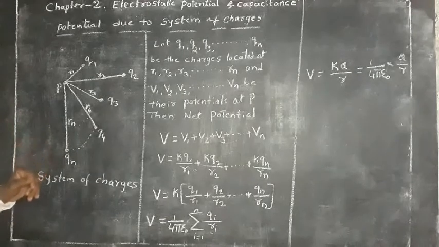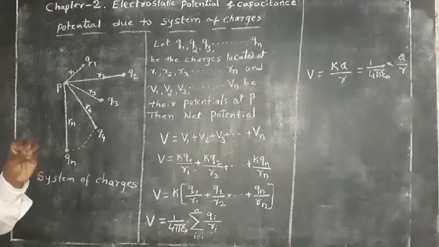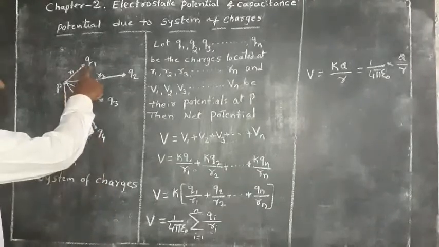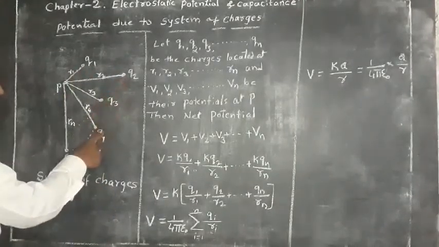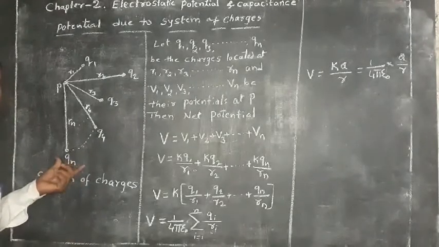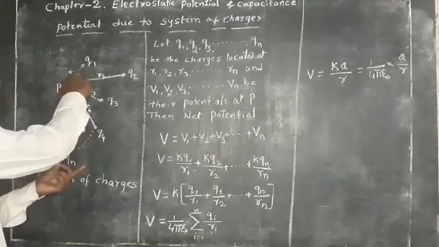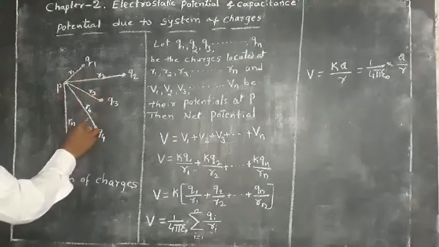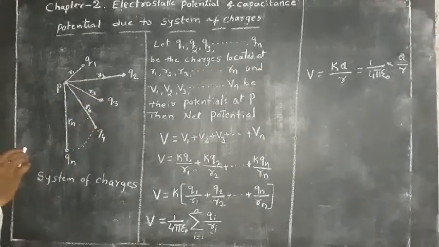Consider a system of charges consisting of Q1, Q2, Q3, Q4, and so on up to n charges, that is Qn, placed at distances R1, R2, R3, R4, and so on up to Rn.